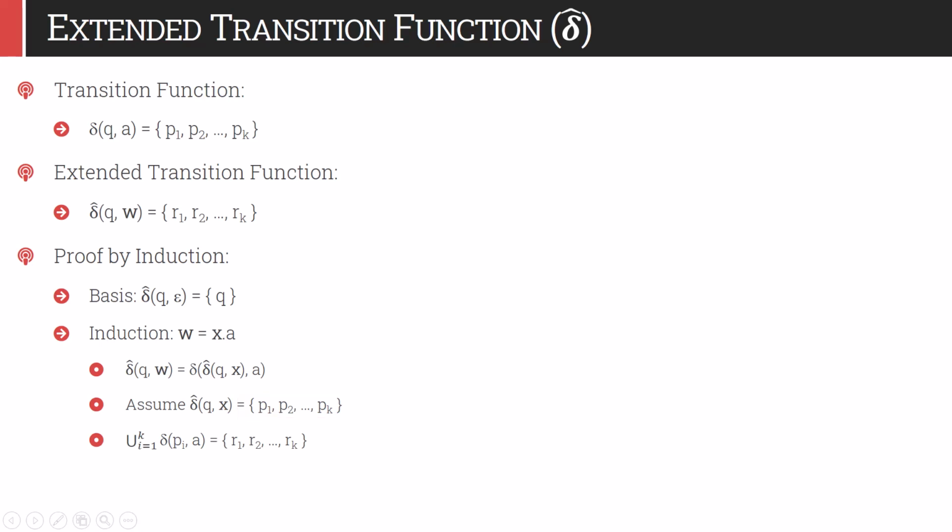So when we take the union of all the states for input symbol A, the union of them will give us the final output. This will be done recursively. So ultimately, delta cap Q comma W will be R1, R2 up to Rk.